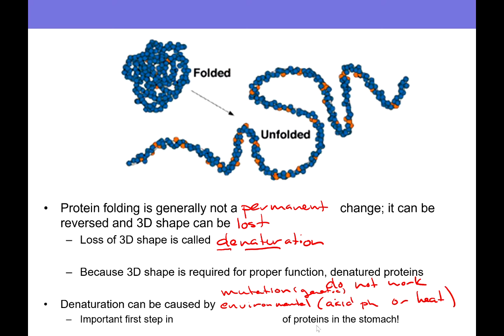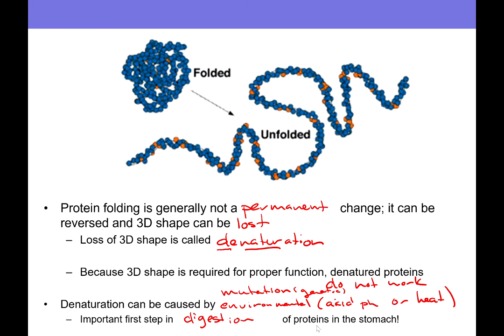In fact, it's the first important step in digestion of proteins in the stomach. One of the reasons that we have acid in our stomach is to denature the proteins in the food that we eat, because causing those proteins to unfold makes them easier to break down and digest.